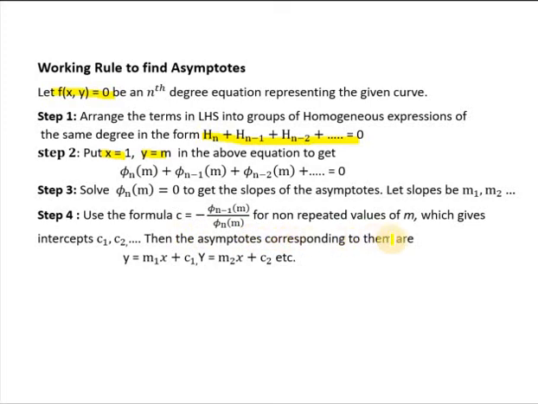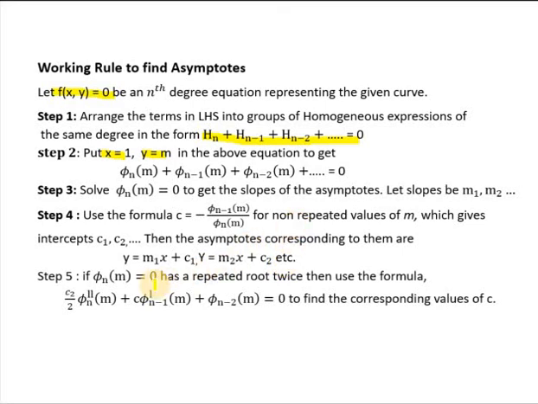Then the asymptotes corresponding to them are y is equal to m1 x plus c1 and y is equal to m2 x plus c2, etc. Then for repeated roots, if the root is repeated twice, we have to use the formula c square by 2 phi_n double derivative of m plus c phi dash of n minus 1 of m plus phi_(n-2) of m is equal to 0.